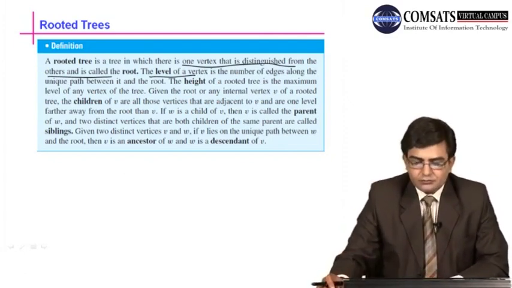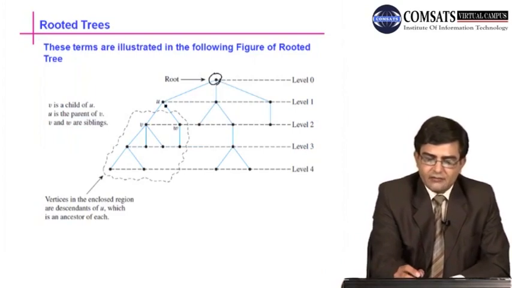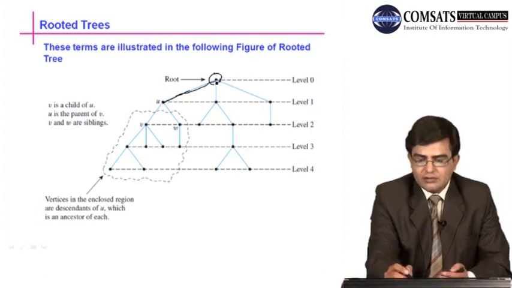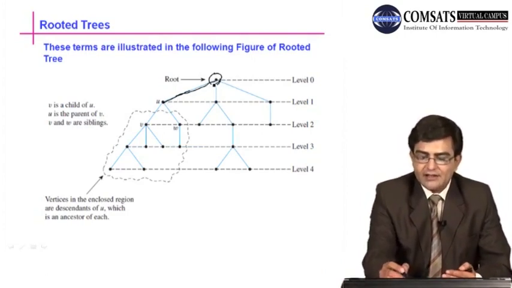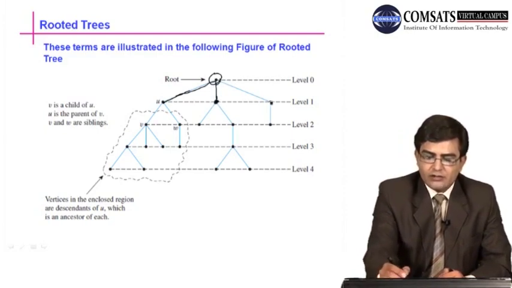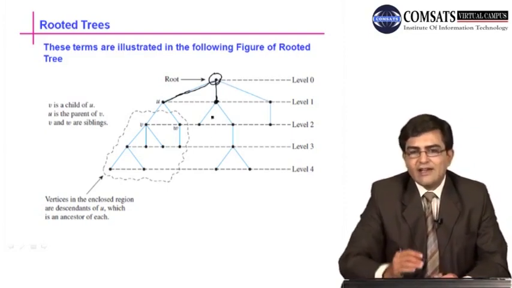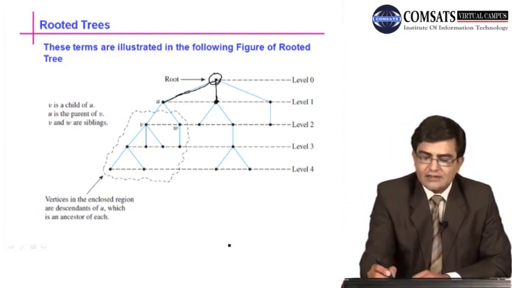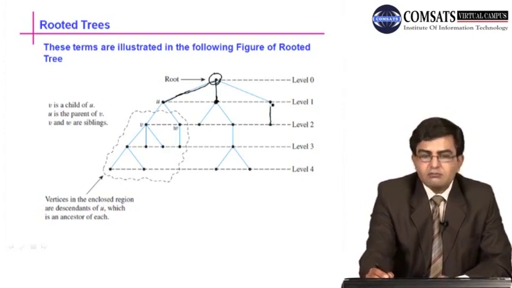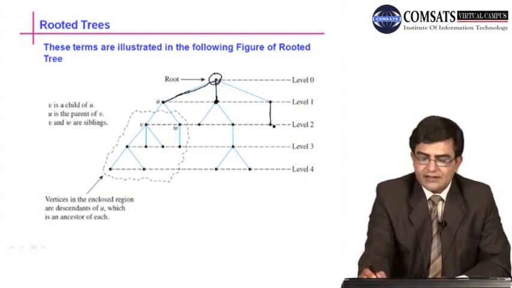Now here we have only one edge, and u is connected to the root, and we have only one edge here also, and at this point also we have only one edge, so one edge away from the root is basically level 1. Two edges away from the root is basically level 2.